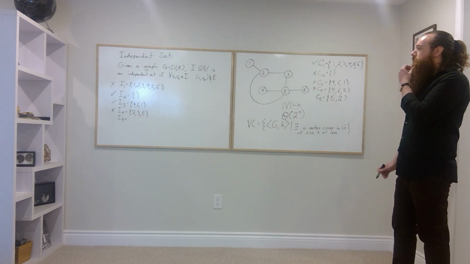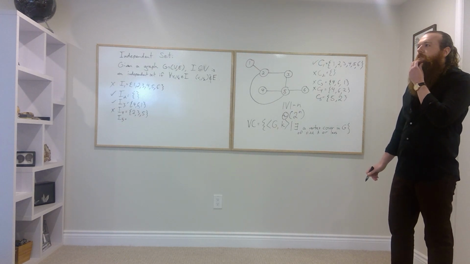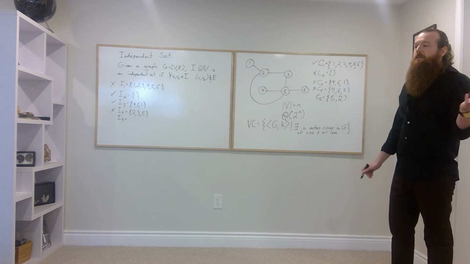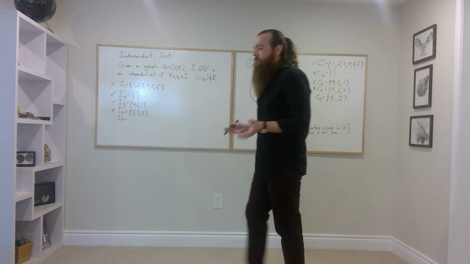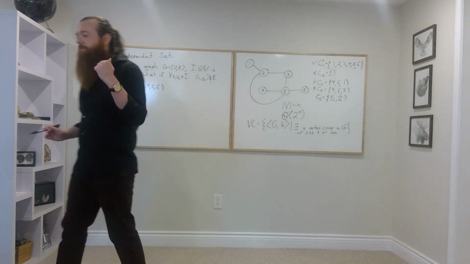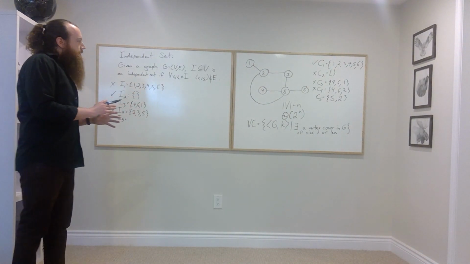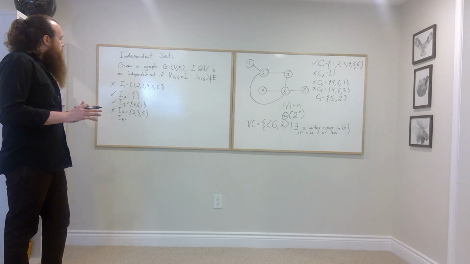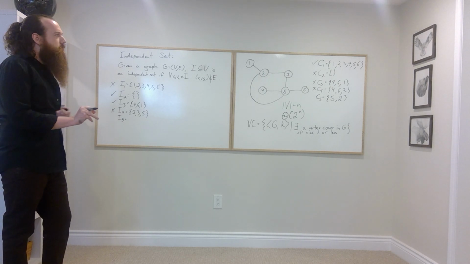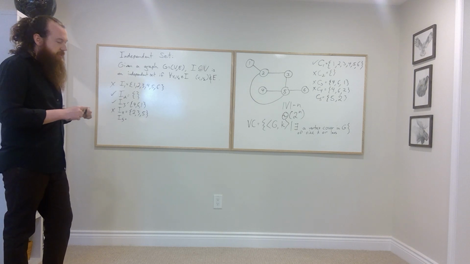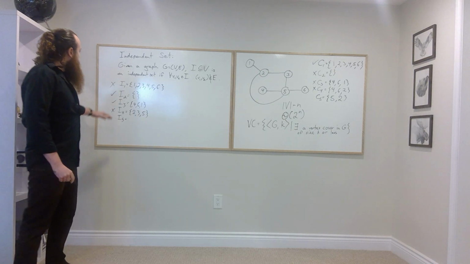Okay. Well, what's the best independent set we could come up with? And again, I'm using best abstractly, because before with vertex cover, best meant small. If I was looking for small independent sets, that would be a very easy problem. Why would it be an easy problem? Well, what would be the smallest independent set you could create?